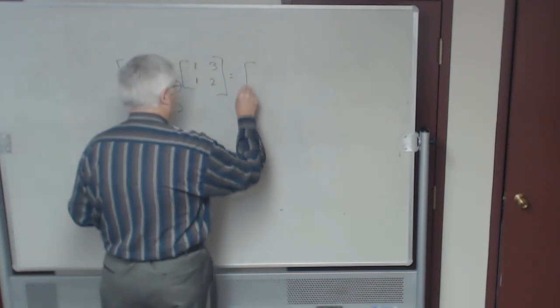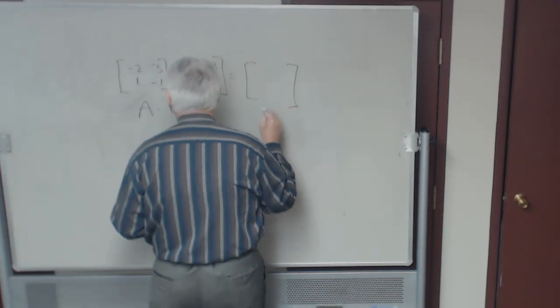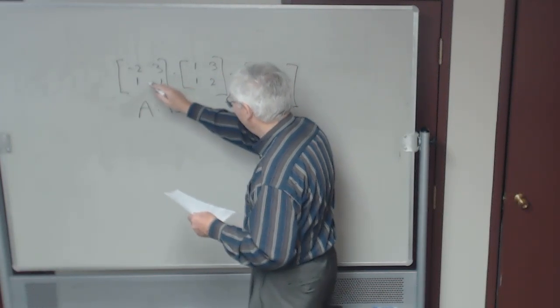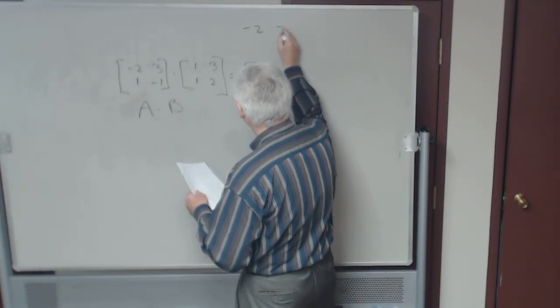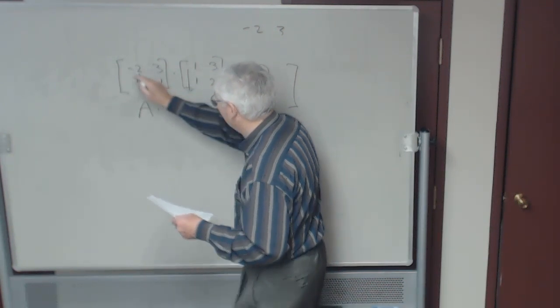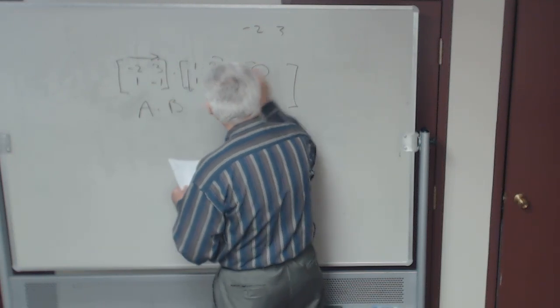What would that equal? Okay, what goes here? First row, negative 2 and 3, first column.